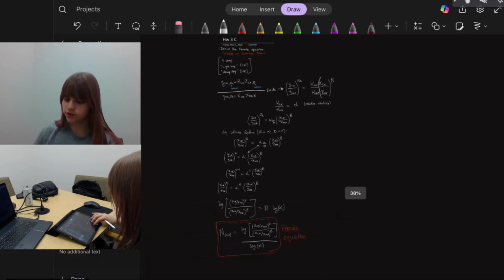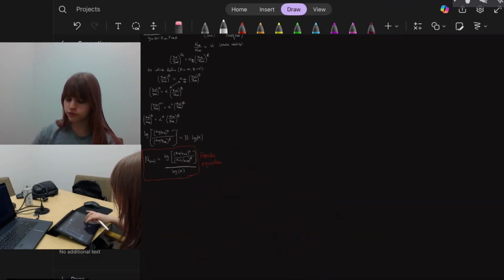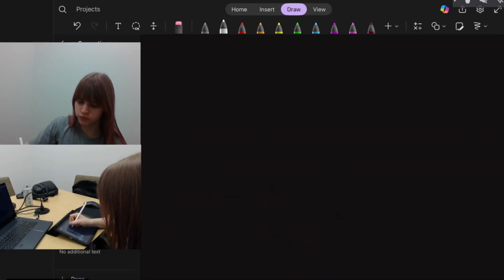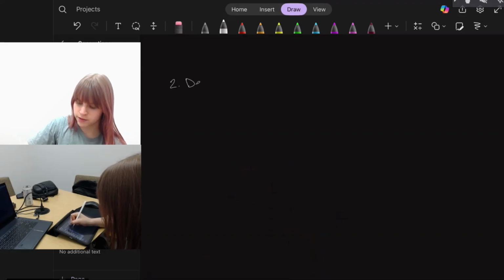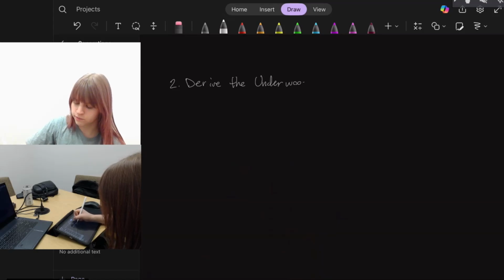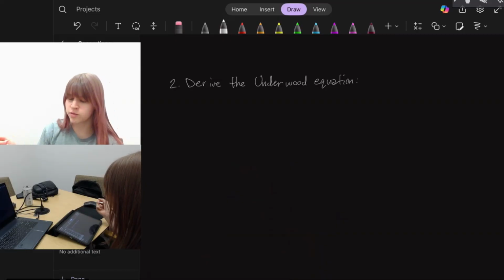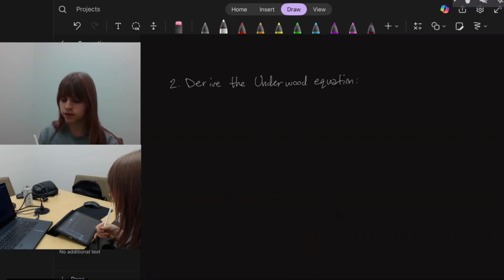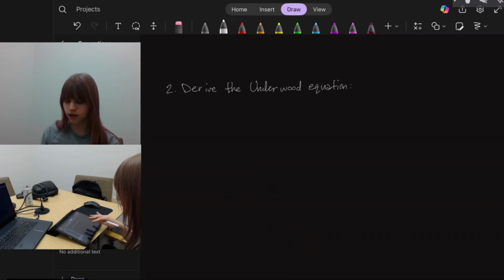So now that we've done the Fenske equation, we want to do the Underwood equation. I apologize if I skip some steps throughout this as I'm deriving, but the end result should be the correct equation.